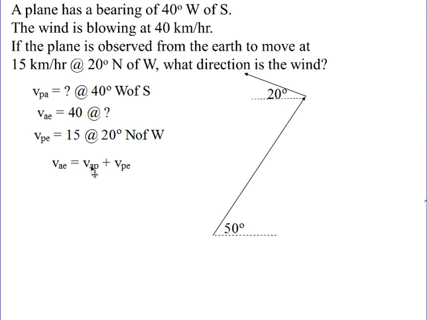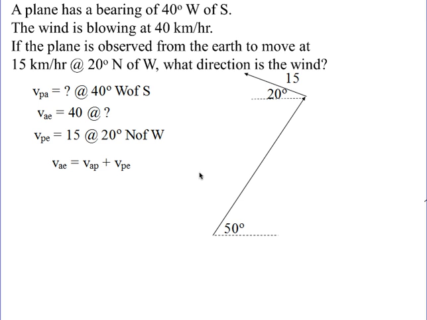And what this says is if you add those two vectors, this one has magnitude 15, I don't know the magnitude of this one. If you add those two vectors, you get the air relative to the earth.